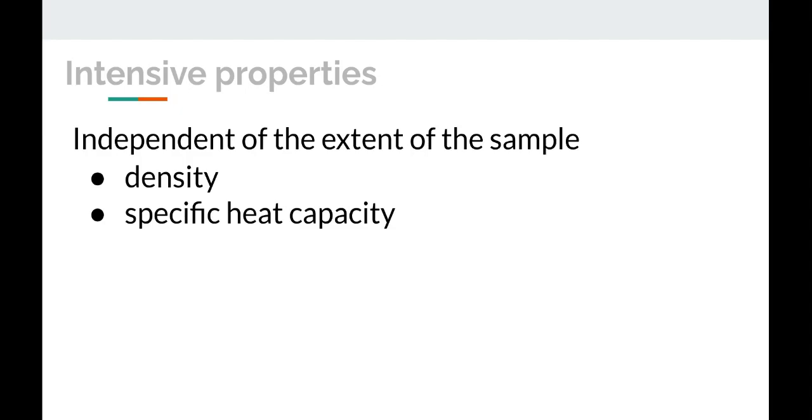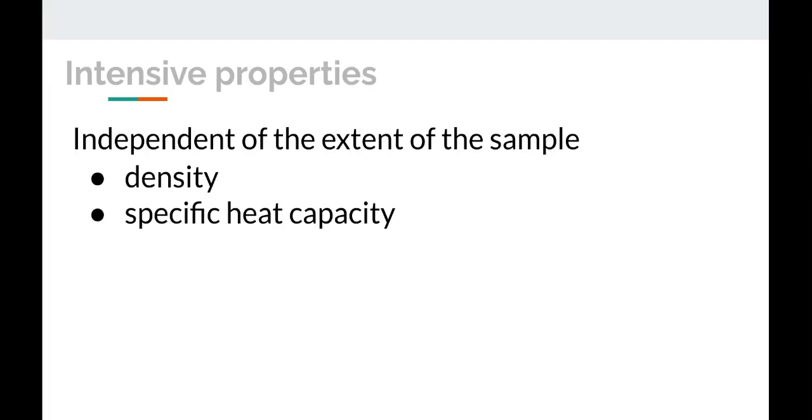Specific heat capacity is the capacity of a certain quantity of a substance to absorb energy. So, for example, in our Lake Superior versus bucket of Lake Superior water, both of them have the same specific heat capacity because it's for every gram or for every mole of water or for every liter of water.